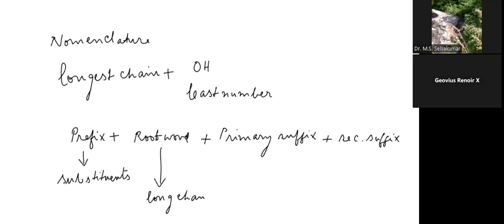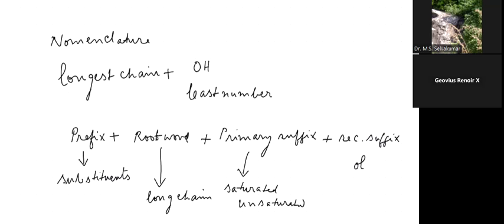And the primary suffix speaks about whether the alcohol is saturated or unsaturated. Everything I will explain. Then secondary suffix is OL for alcohol.